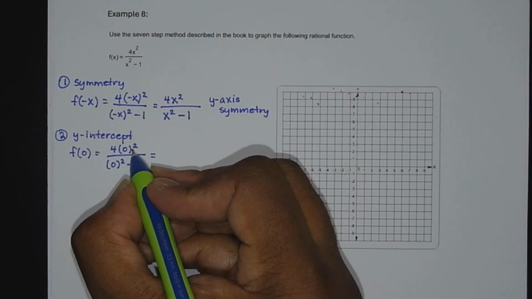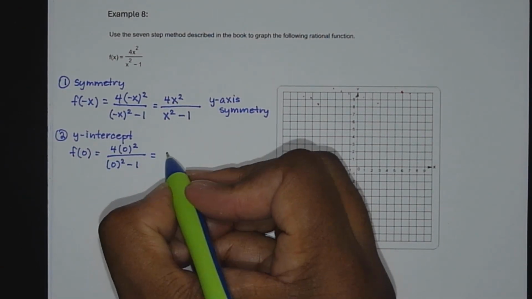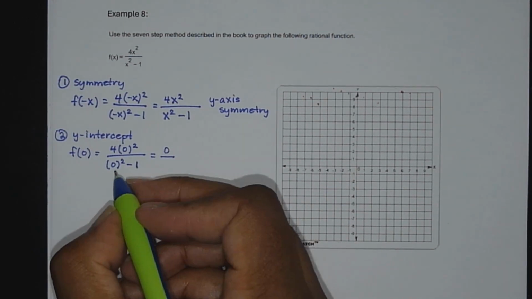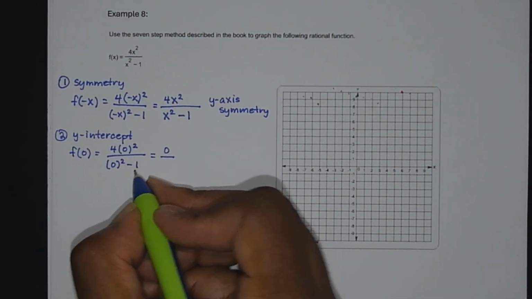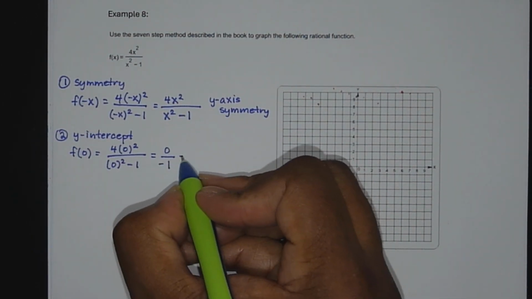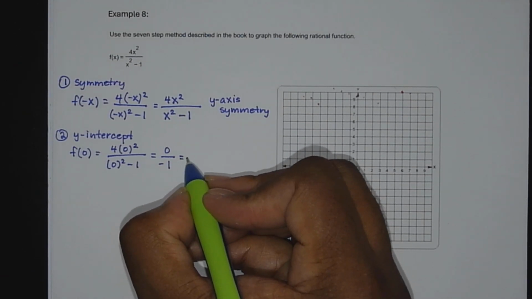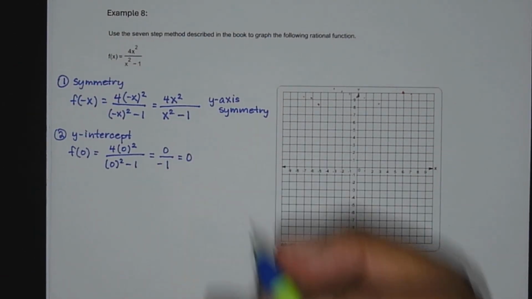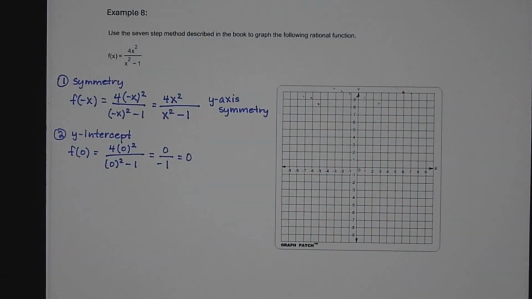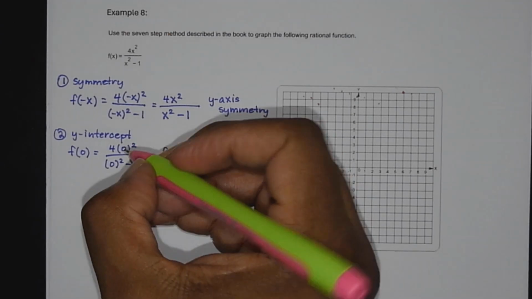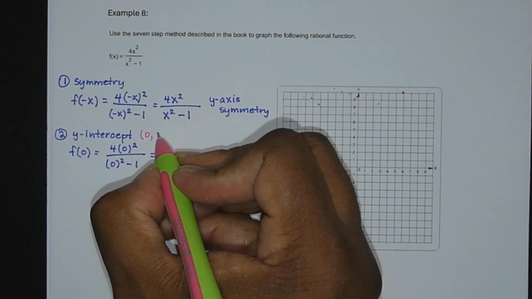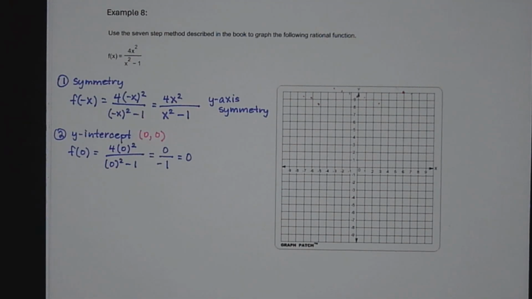If I square 0, that's 0, times the 4 in front would be 0, divided by 0 squared is 0 minus 1, which would be negative 1. So 0 divided by negative 1 is 0. So my y-intercept will be the ordered pair 0, 0. It's going to be at the origin.